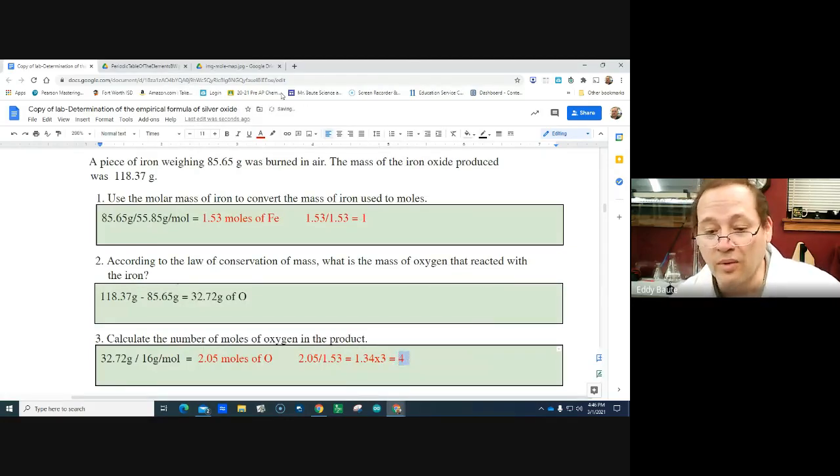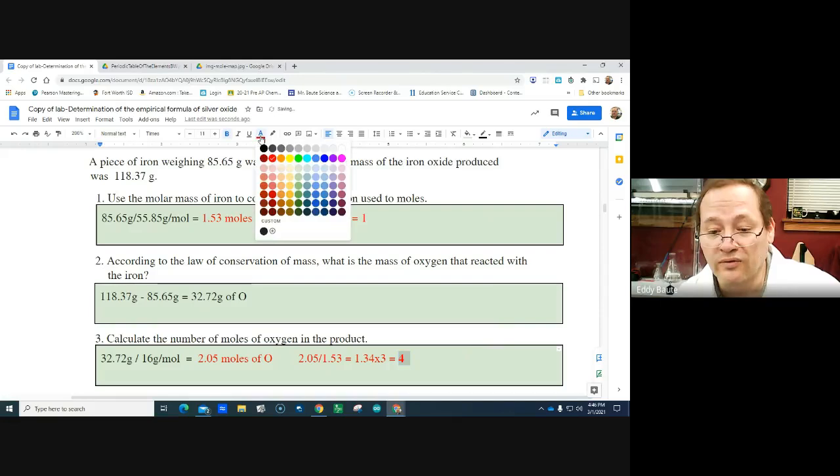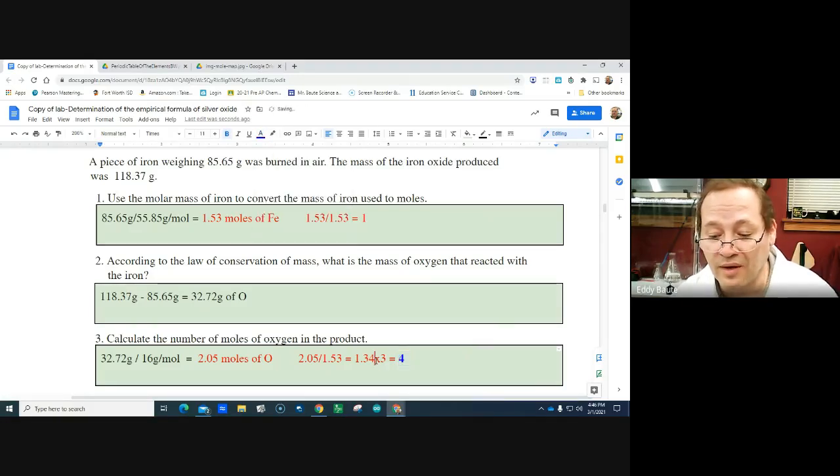So we can keep this number as 4. But if I multiply by 3 over here, I have to multiply also here by 3, so I get 3 for iron.